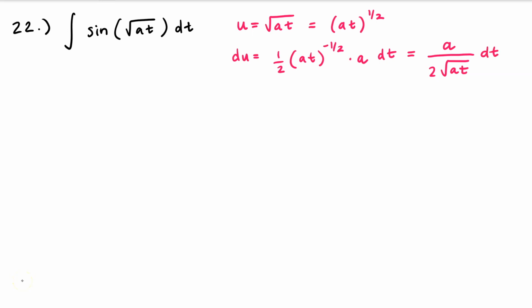Okay, so at this stage we have du is equal to a over 2 times the square root of at dt, and I'm going to solve this equation for dt. So I'm going to multiply both sides by 2 times the square root of at. I'm also going to divide both sides by a.